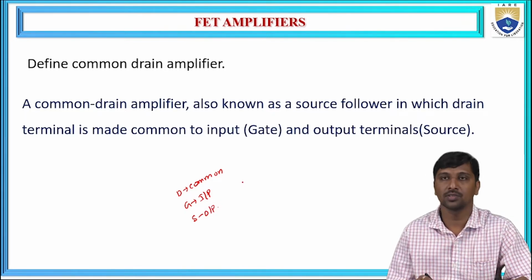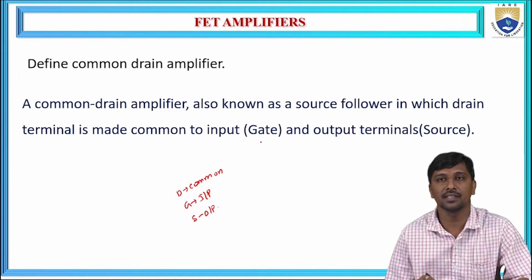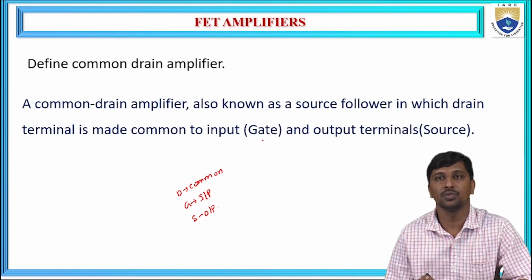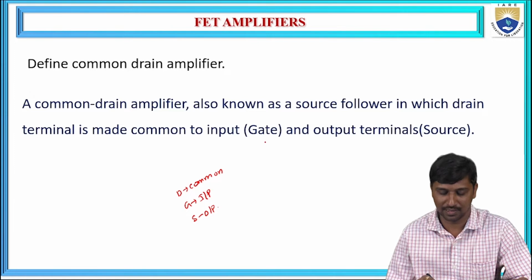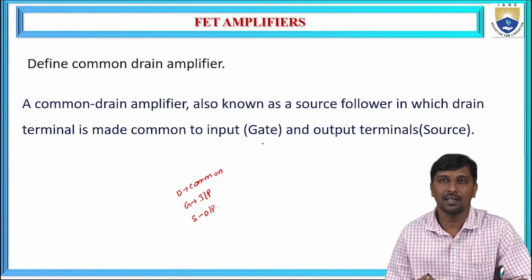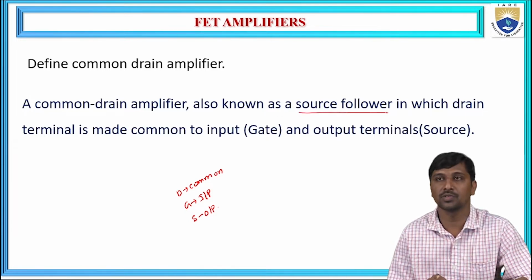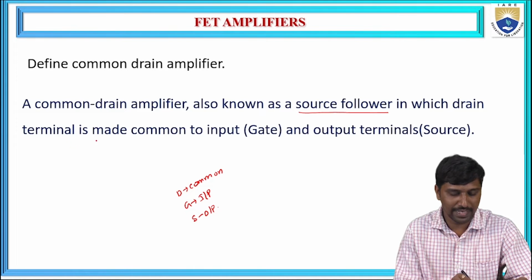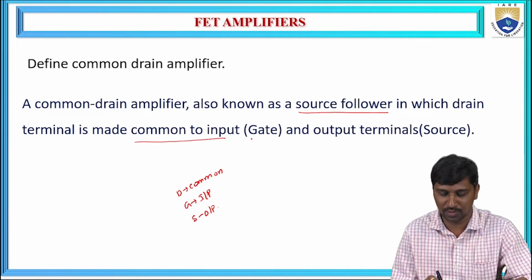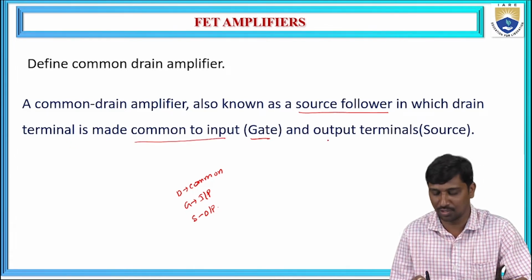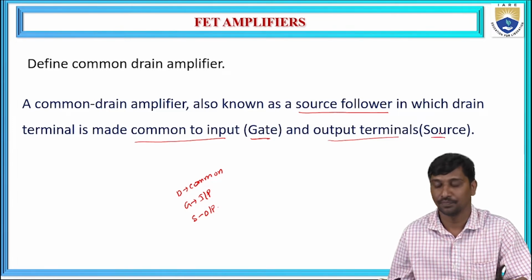We know that the source always supplies the charge carriers to allow the conduction, so we are measuring the quantity across the source. Hence it is called a source follower, in which the drain terminal is made common to the input. The input terminal is the gate and the output terminal is the source.